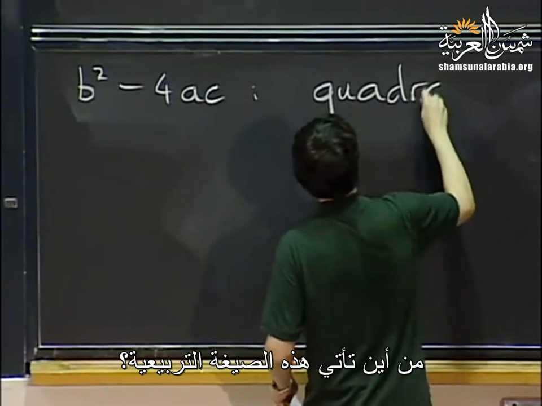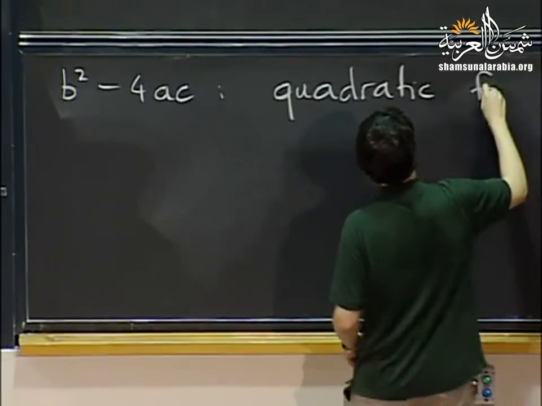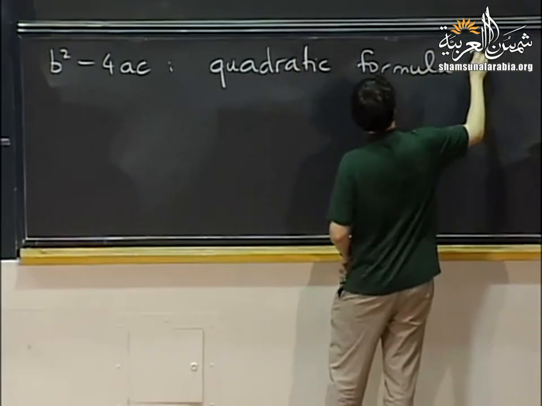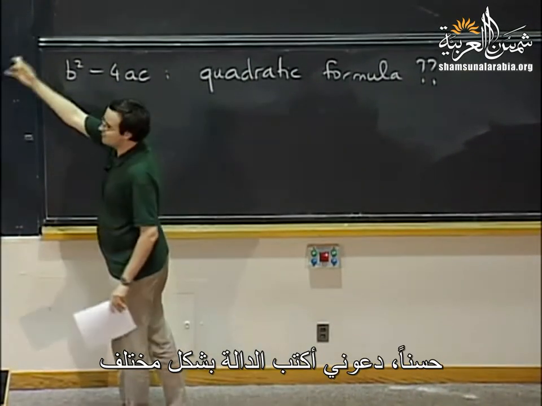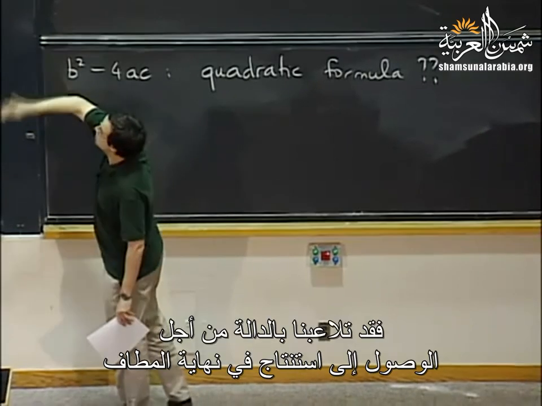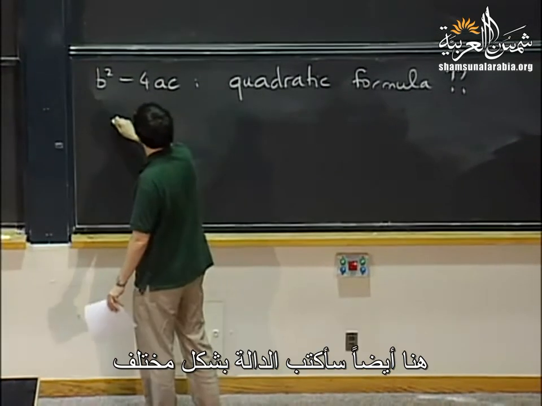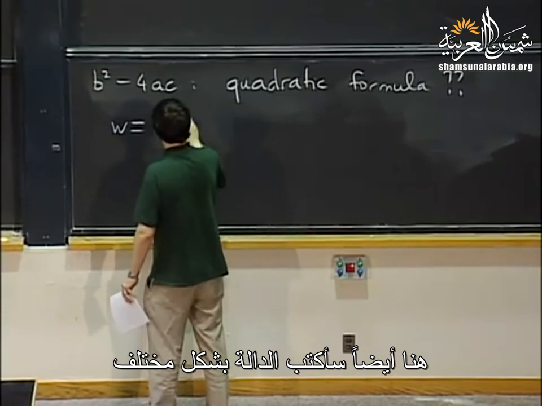Okay, so let's see, where does the quadratic formula come in here? Well, let me write things differently. Okay, so we've manipulated things and gotten to a conclusion. But let me just do a different manipulation.